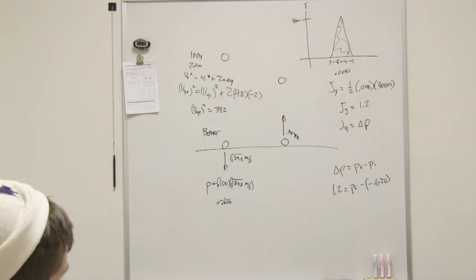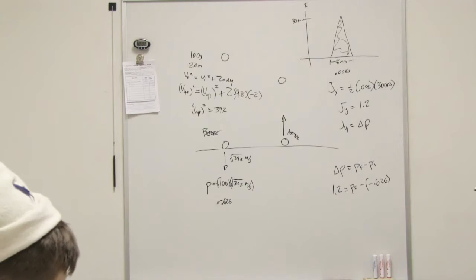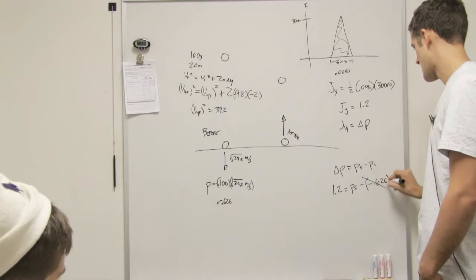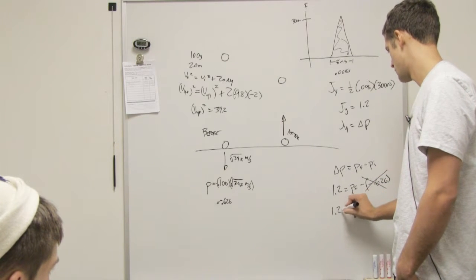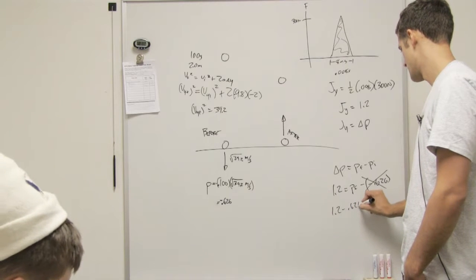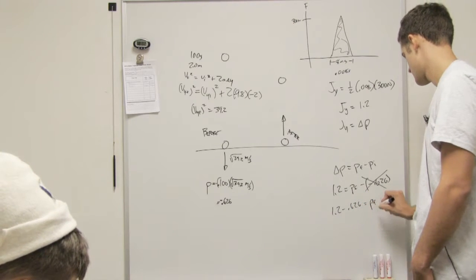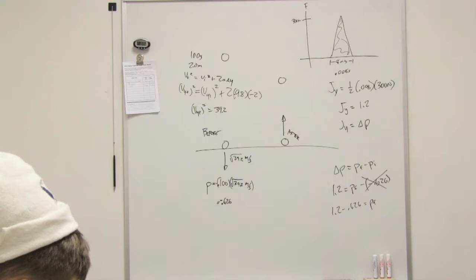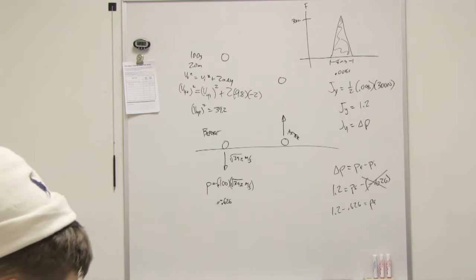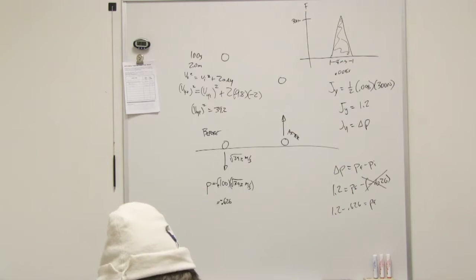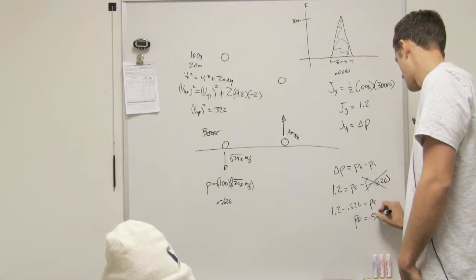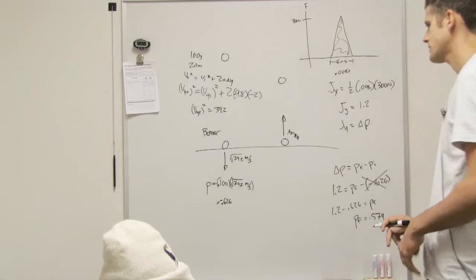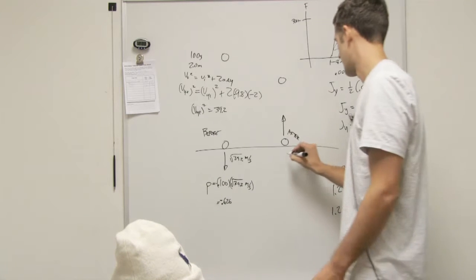Okay. So we add this to the other side, which means we subtract it. So we do 1.2 minus 0.626 equals P final. 0.574. So P final equals 0.574. That's our after right here.